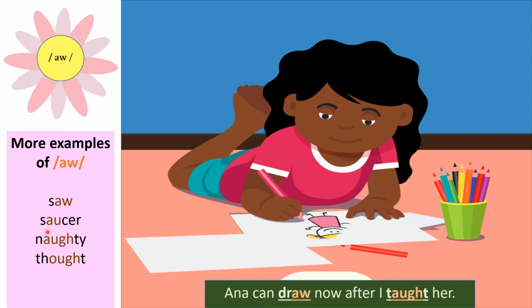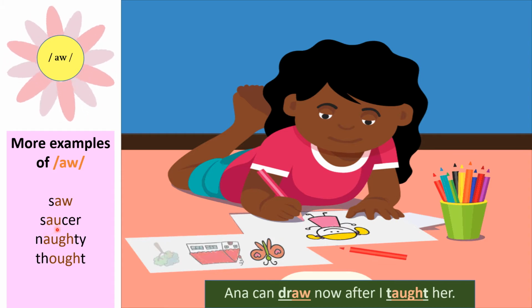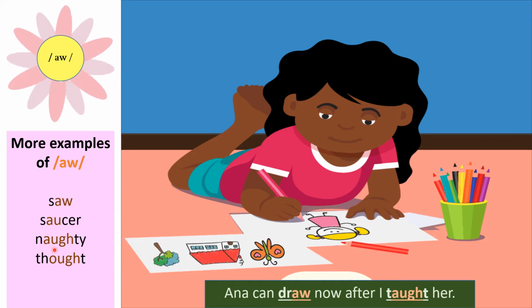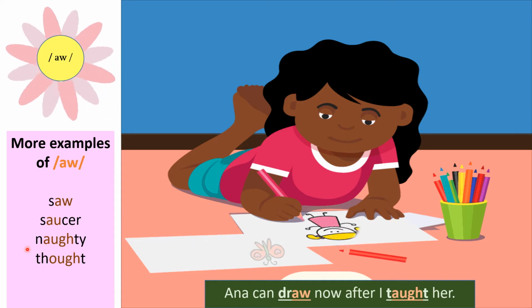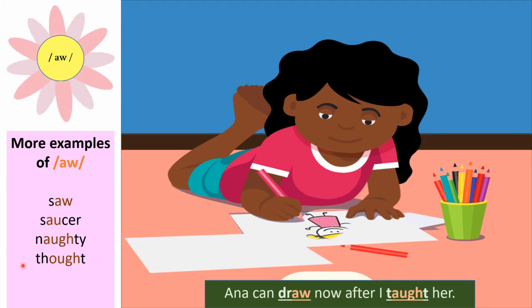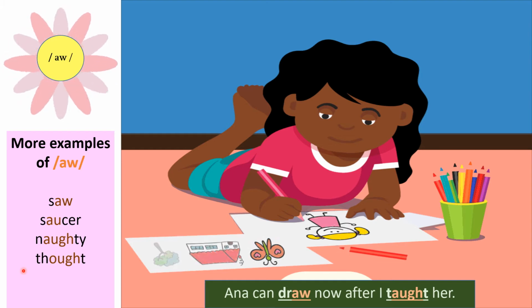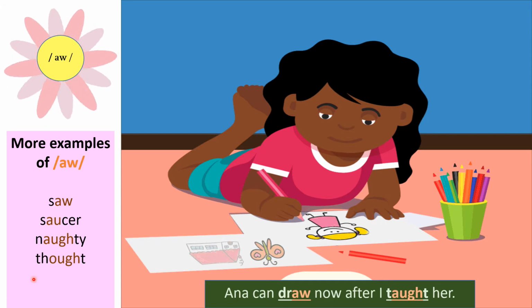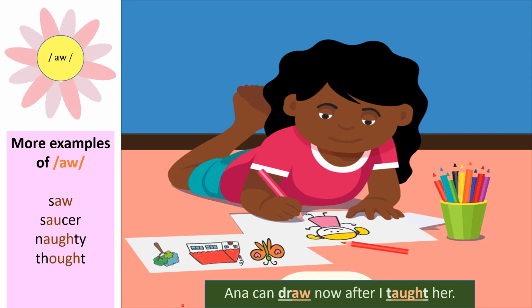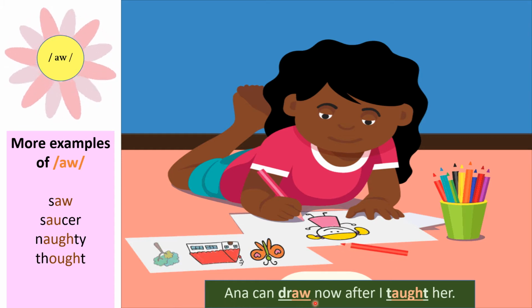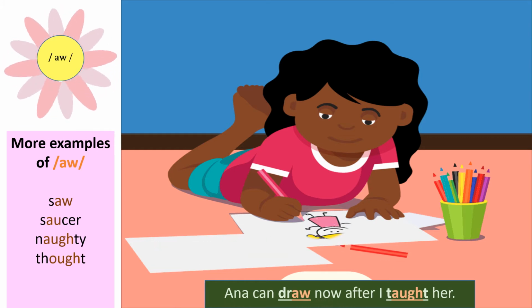Another way to spell it, AU, as in saucer. Another way to spell it, AUGH, as in naughty. And the last way to spell it, OUGH, as in thought. Now let's read an example sentence here with O sound. Anna can draw now after I taught her.